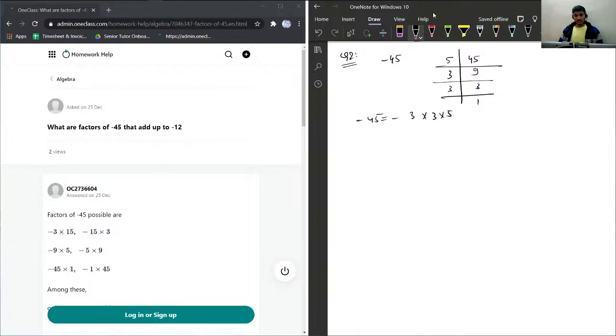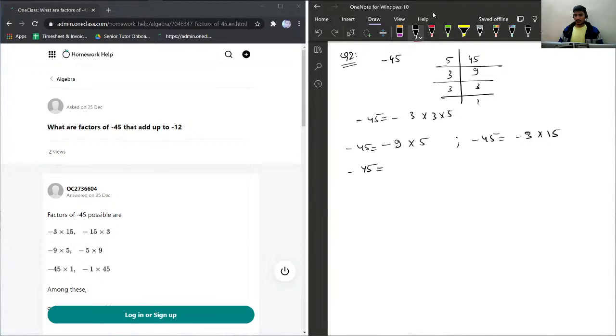This can be written as negative of 9 times 5. Negative 45 can be written as negative of 3 times 3 times 5, 3 3s are 9, 9 is over.